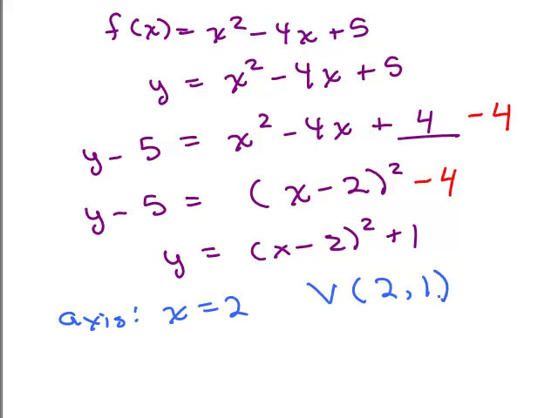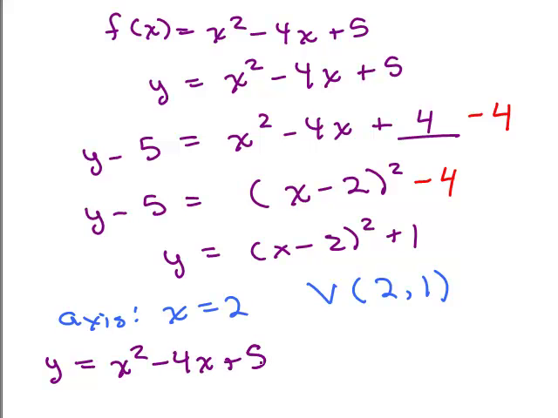Okay. Now we're just going to verify we get the same thing by plugging in using the formula. So we take the original problem again. I'm going to write it as y equals x squared minus 4x plus 5.